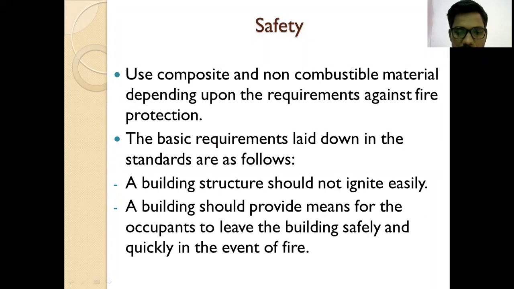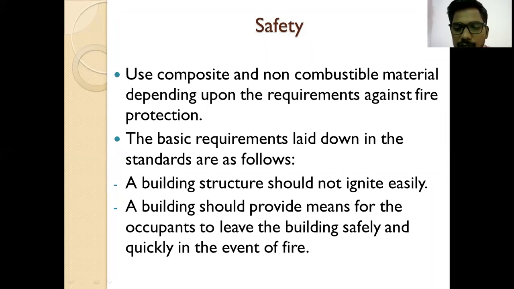Then a building should provide means for the occupants to leave the building safely and quickly in the event of fire. In case of fire, whatever occupants are there should be provided a way to escape the building or leave that particular place.